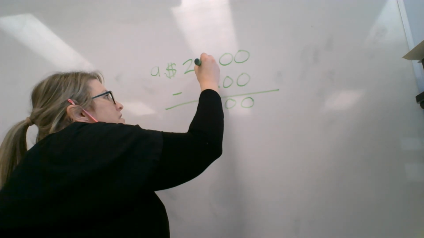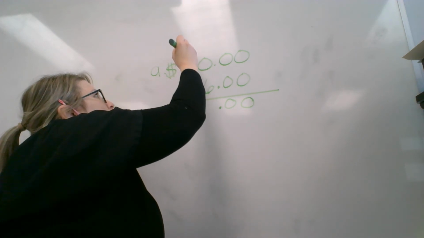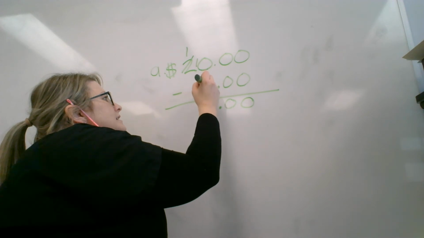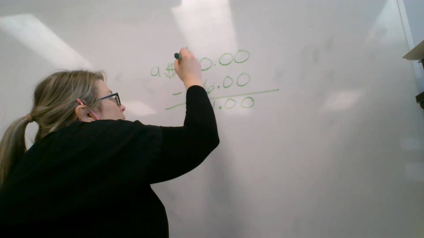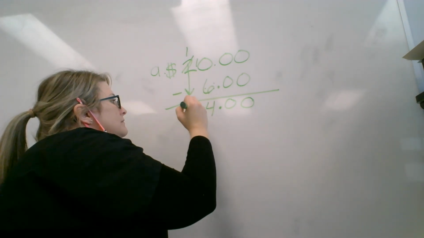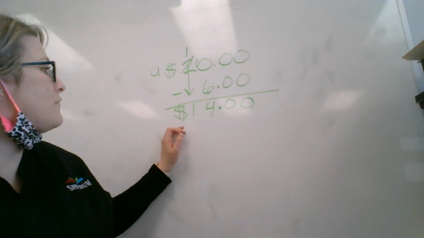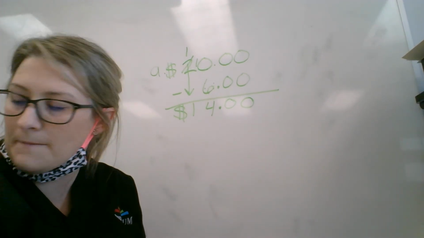Can't take 6 from 0, so I have to go over here and borrow 1. 2 minus 1 is 1. 10 minus 6. 10, 9, 8, 7, 6. 4. Bring the 1 down. And the money sign. You would still have $14 left if you had $20 and bought that $6 hat.